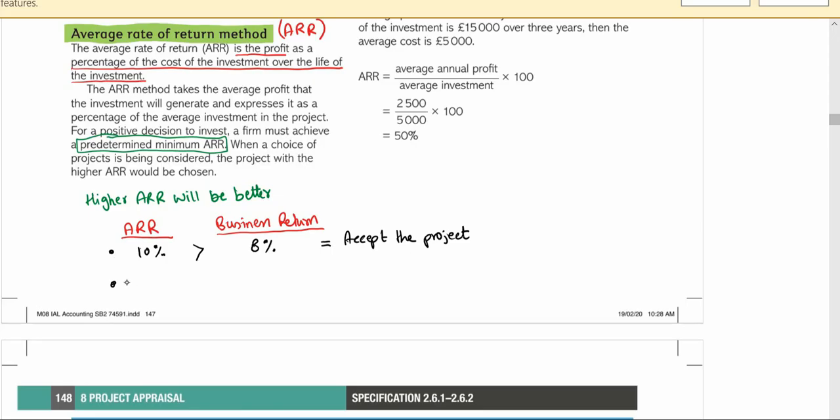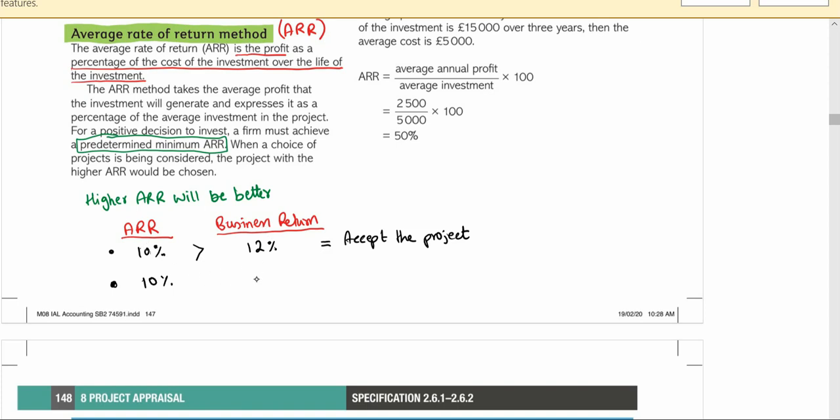Or for example, ARR 10%, so this is the benchmark, and the business will earn, for example, 12%. It was mistakenly written wrongly here. In this case, we will accept the project because the business is earning more than the standard rate.